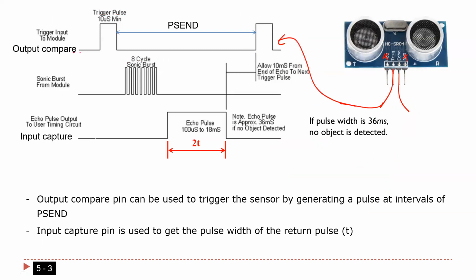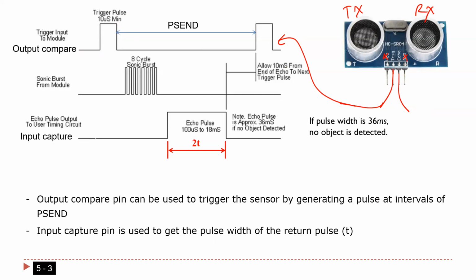Okay, every time I generate a pulse like this one, you are actually triggering it to measure time. So what happens is that once you put a square wave this way on this pin, as you see here, guys, we have transmitter and we have receiver, transmitter and receiver, and this is ultrasound.